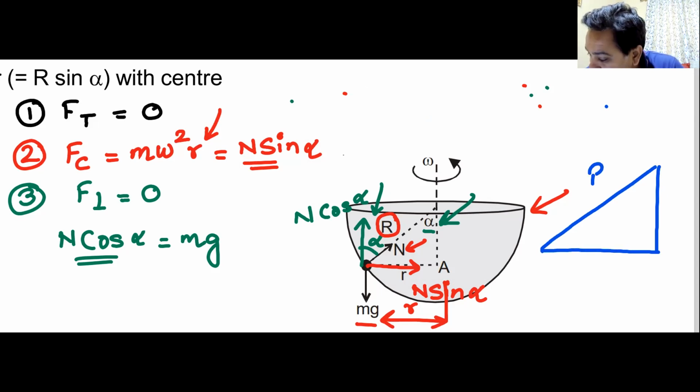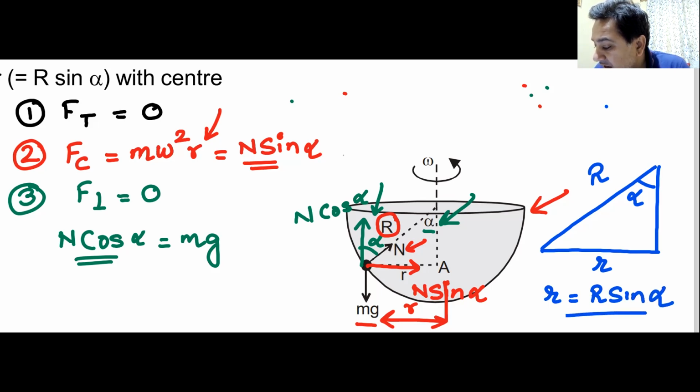This is my capital R. Cos theta is equal to small r, sir. This is alpha and this is small r. Who will tell me the relation between capital R, small r and alpha? And I will not spend much time on this. Small r will be equal to capital R sine alpha.